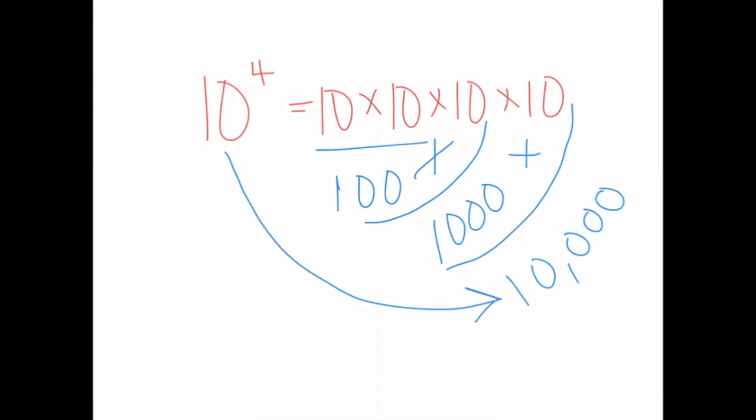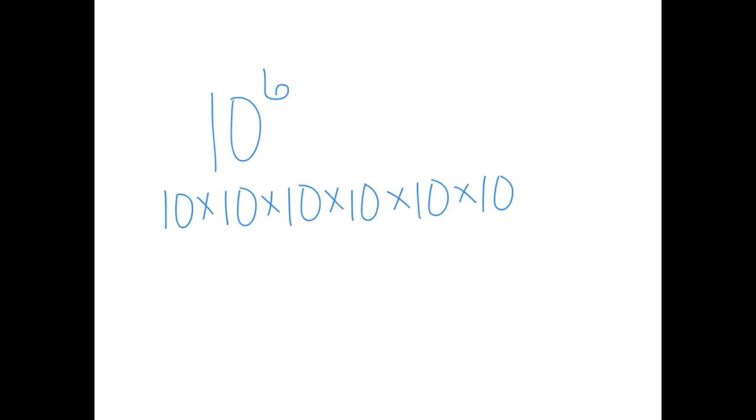Let's try one more. What about 10 to the sixth power? This means I have to multiply 10 6 times. So I've got 10 times 10 times 10 times 10 times 10 times 10. Okay, so let's do this in pieces.